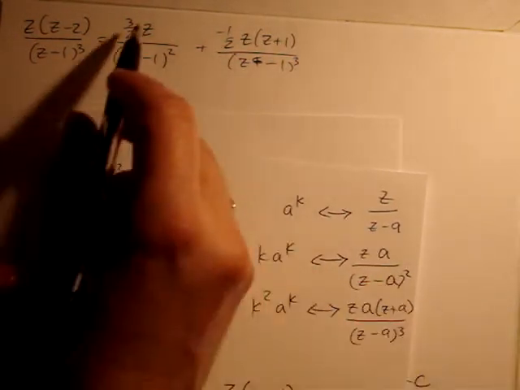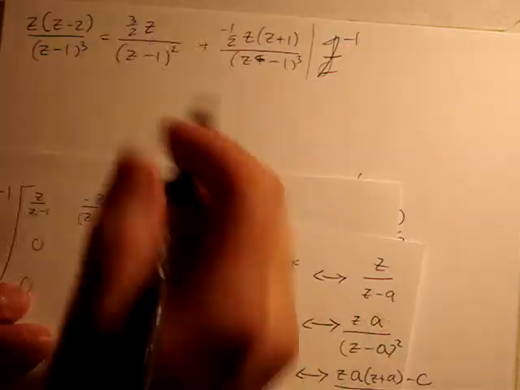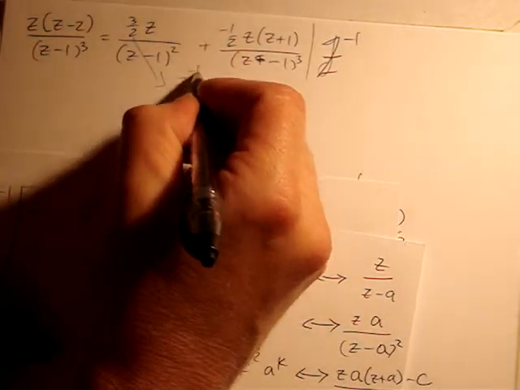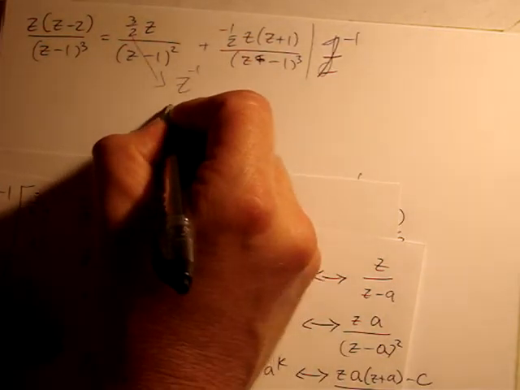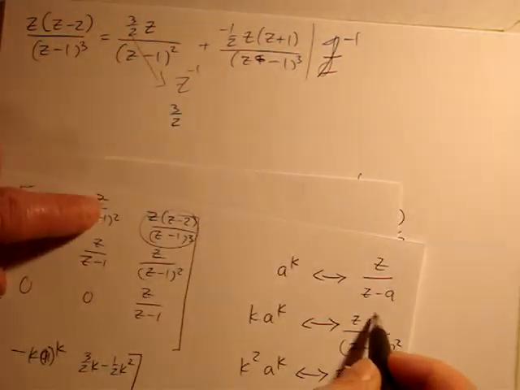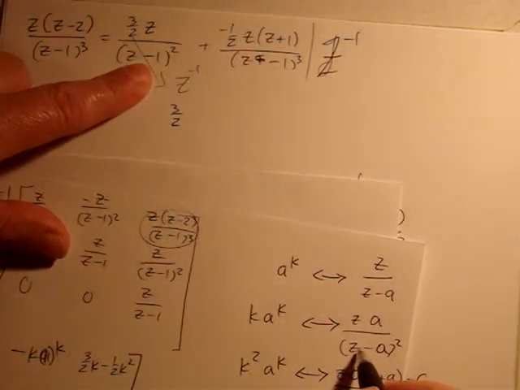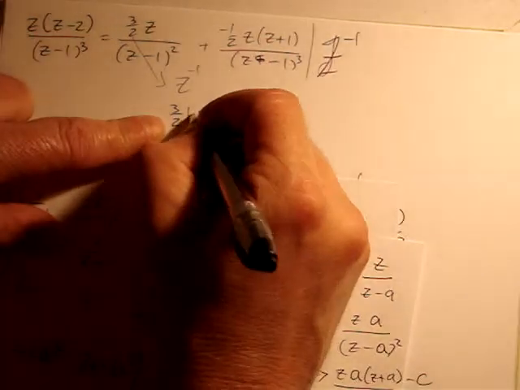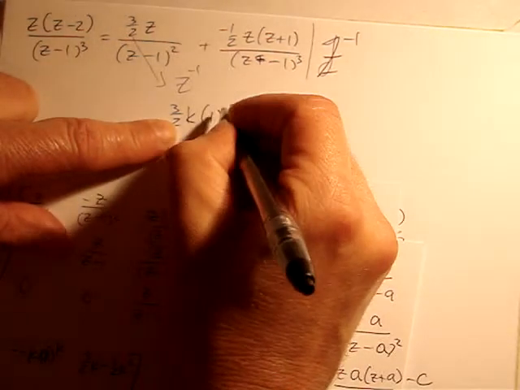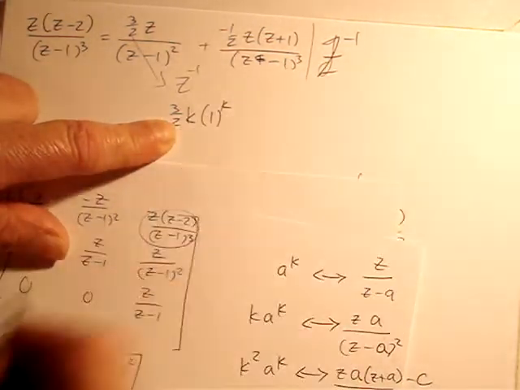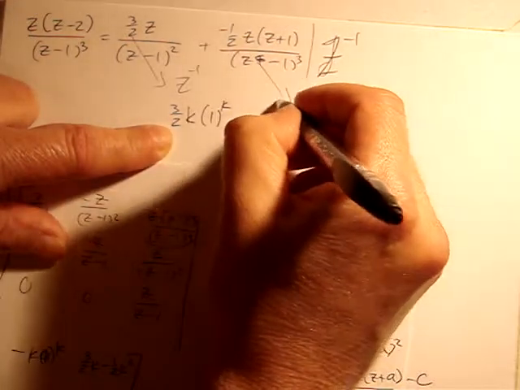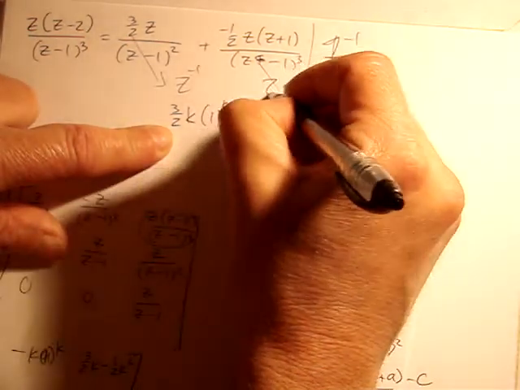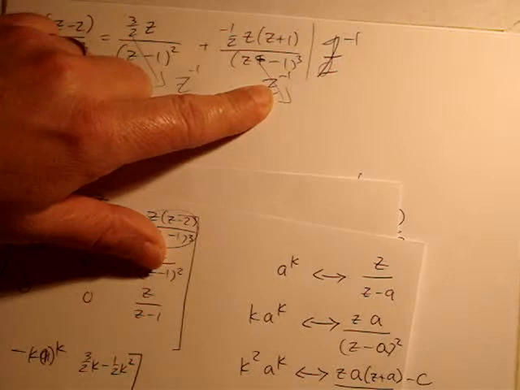Going back to our little table here, A over Z minus 1 squared, we have the form here. So to take Z inverse of this first term, we're going to get 3/2, and then it's the squared form, so it's going to be K A to the K, and A is 1, so 1 to the K. Our other term here, take its inverse Z transform.